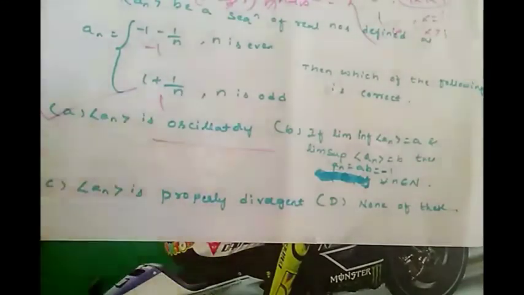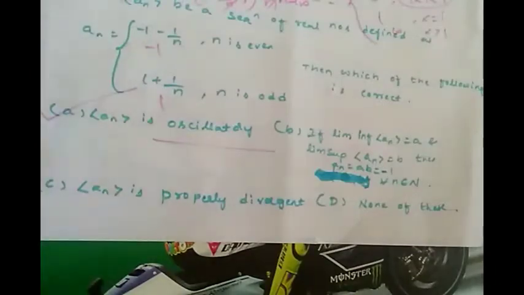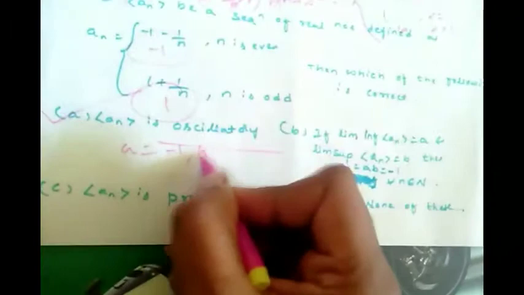The smallest limit point is the limit inferior, and the greatest limit point is called the limit superior. Here, the smallest value is -1 and the greatest value is 1. Therefore a is equal to -1 and b is equal to 1. So ab means -1 into 1, we get -1. Therefore this is the correct option.